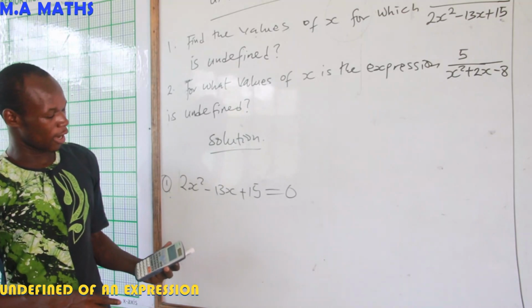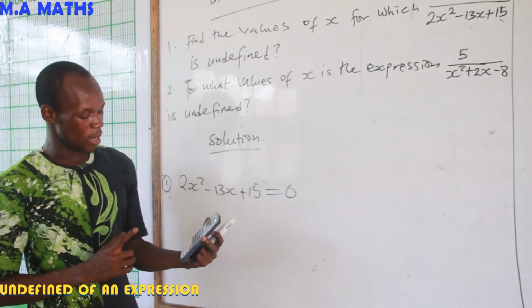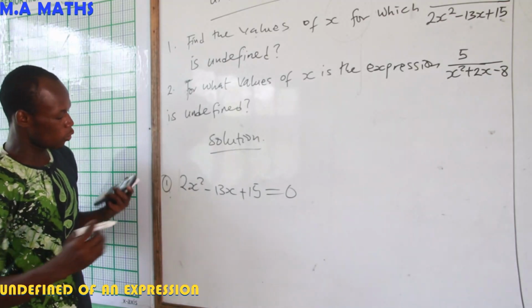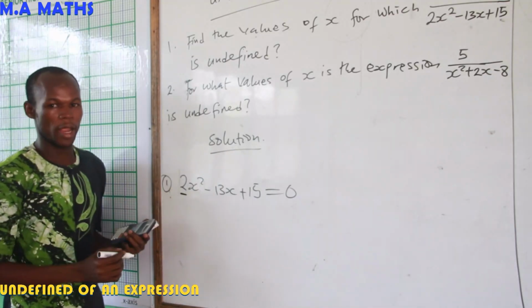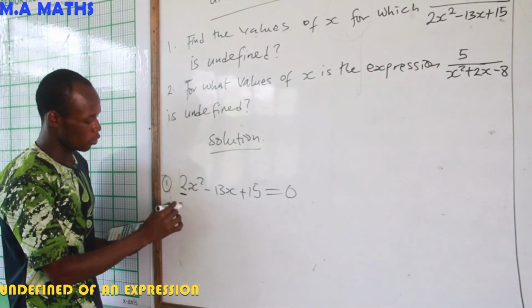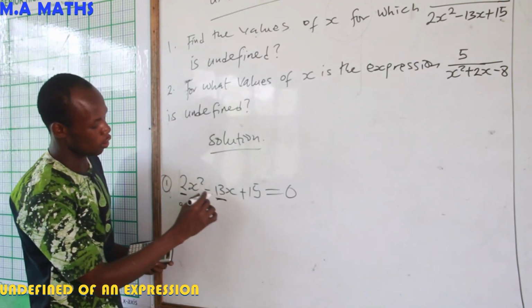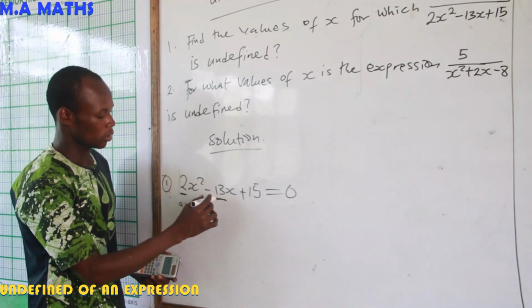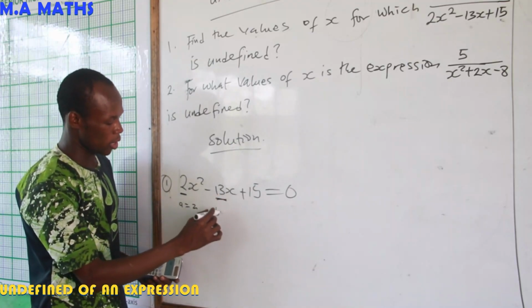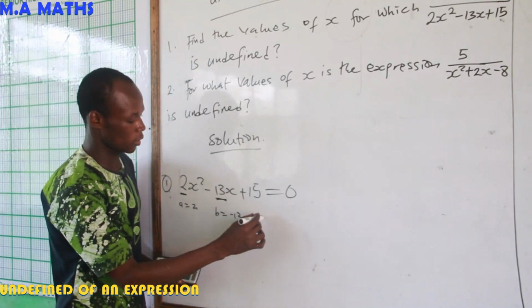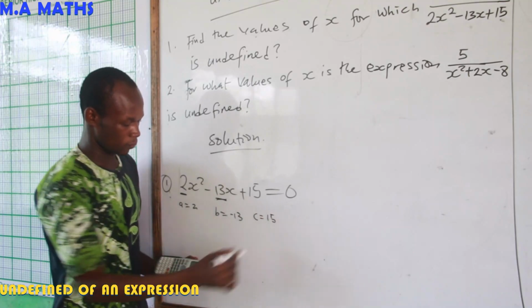After you select number 3, the quadratic, you will have A, B, C. The A on the calculator represents the coefficient of x squared, so A will be equal to 2. The B represents the coefficient of x, so B is equal to negative 13. And the C is the constant, that's 15.